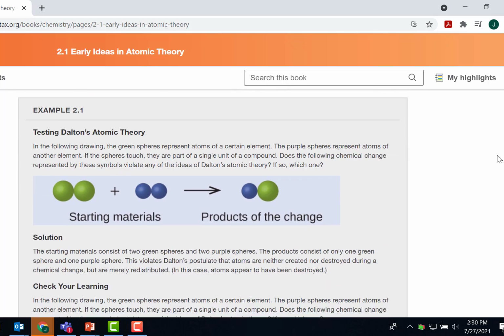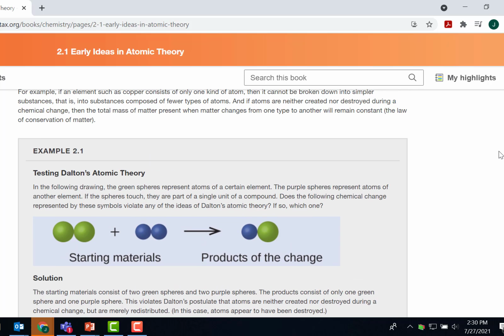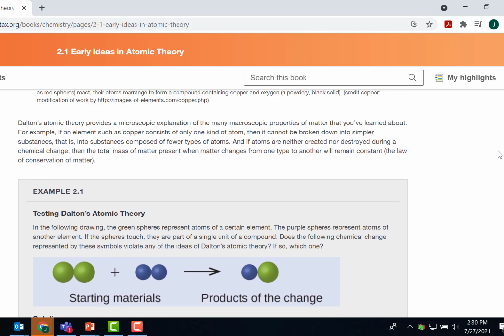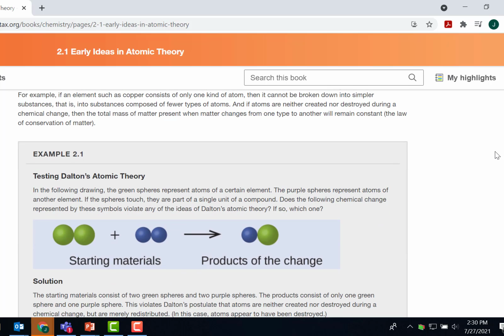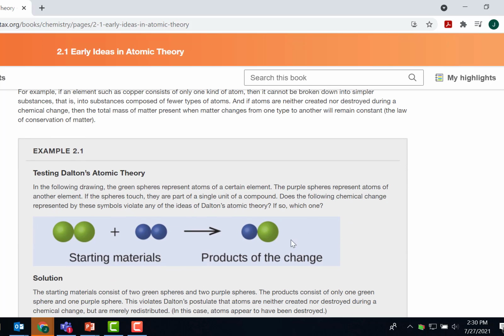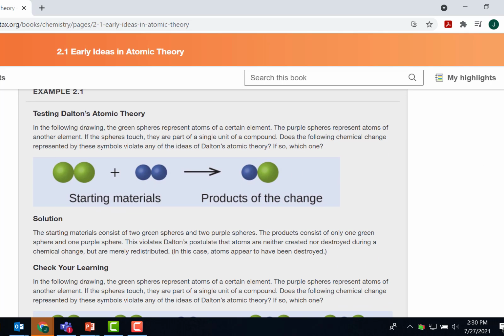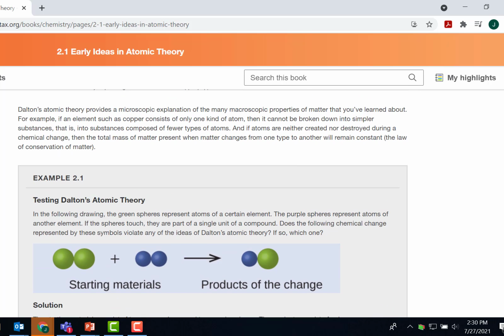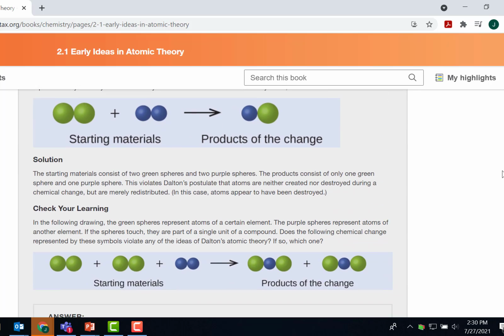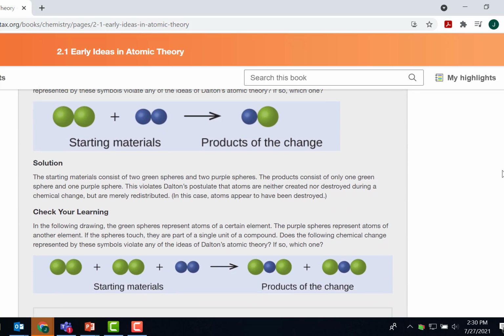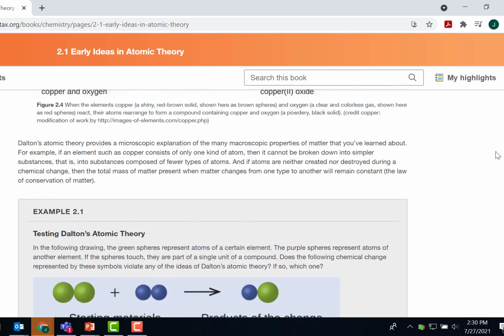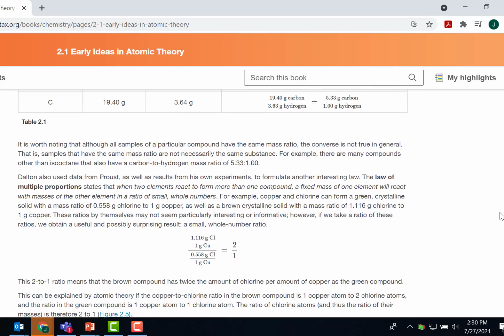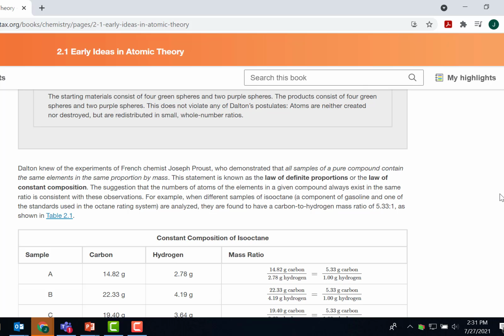So when we can look at testing it, we would see, okay, when we start out, we need to have the same number of atoms at the end as what we started with. We're not really showing that here exactly. And here you're kind of showing maybe a better example of that. And when that happens, you end up with these compounds that have a specific ratio, and that's why we have the law of definite proportions.